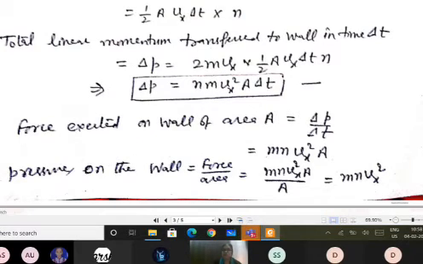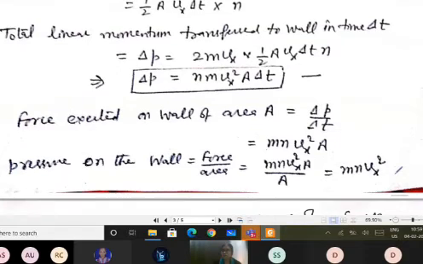Keep in mind this is for one particle. Now what will be the pressure exerted on the wall? That is of course force upon area. Force is m n Vx square A divided by area A, so I am getting m n Vx square. This is the pressure exerted on the wall by one molecule.